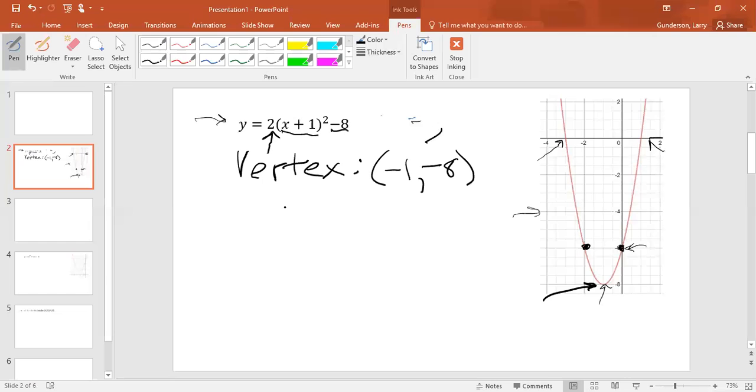Okay, now to get it in standard form, that's what we talked about, where you take this (x plus 1) squared, and the way you've learned to do this is by going (x plus 1) times (x plus 1).